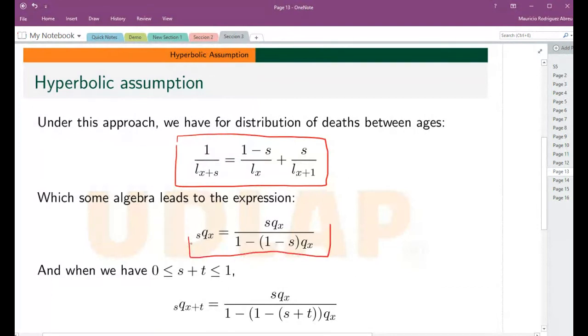So after some algebra, essentially we reach these two expressions. The first one, when we only have fractional duration, is pretty similar to the one that we have, but now we have to correct for this assumption. And when we have fractional duration and ages, again, this being between 0 and 1, we reach this long expression. Again, these expressions are longer. Are they better?